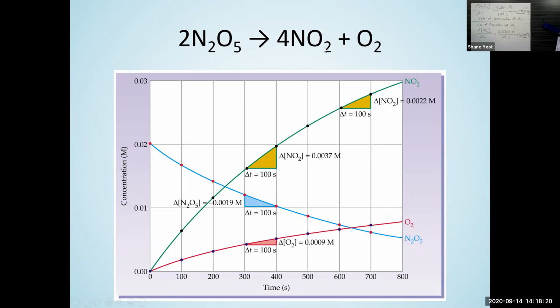So for every 2 moles of N2O5, I form 4 moles of NO2. So the NO2 concentration should increase twice as fast as N2O5 is decreasing. Similarly, for every 1 mole of O2 that I form, I should be getting 4 moles of NO2. So NO2 is forming 4 times as fast as O2. So my rate of formation of NO2 is 4 times that of the rate of formation of O2, okay?